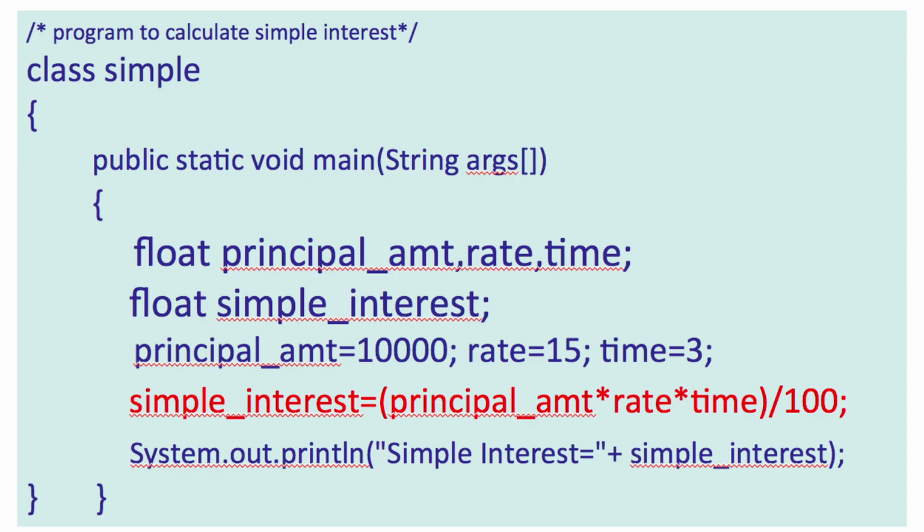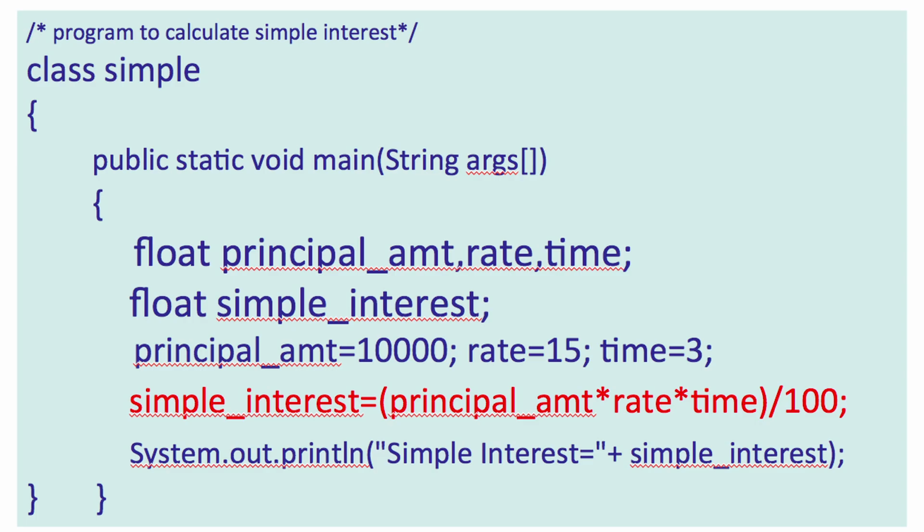All the variables are defined as float type, and then we have initialized the first three variables: principal amount as 10,000, rate of interest as 15, meaning 15%, and time equal to 3, meaning 3 years, for which we have to calculate the simple interest.